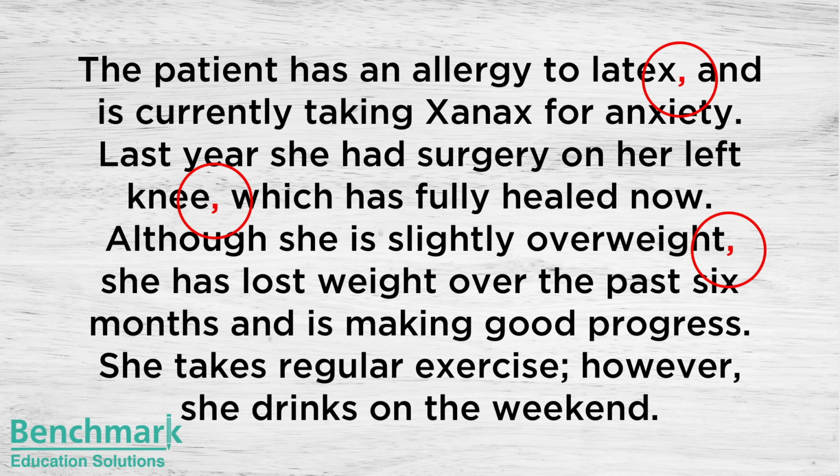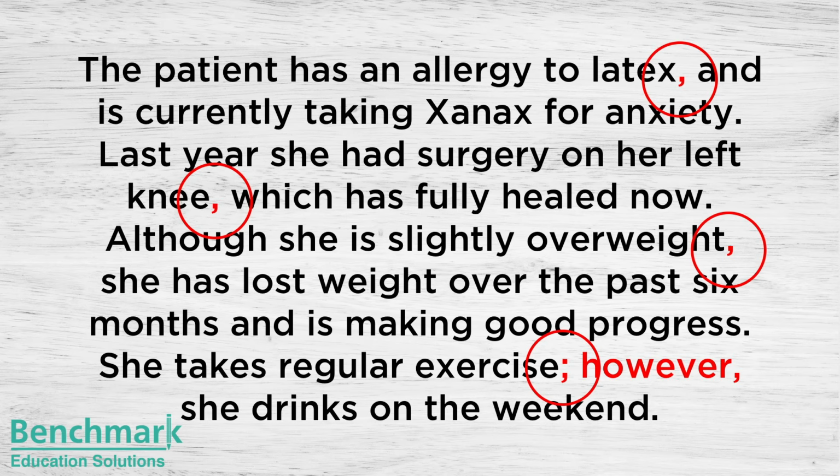Notice that the second independent clause is also made of two independent clauses, but because they're short, we left out the comma. She has lost weight over the past 6 months and is making good progress. The fourth place that needs a correction is this sentence. She takes regular exercise, however, she drinks on the weekend.